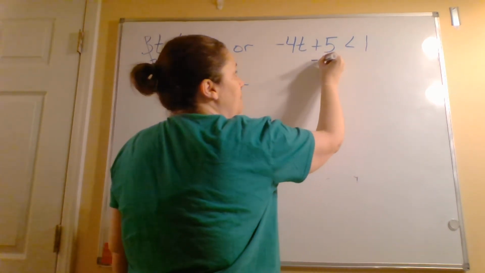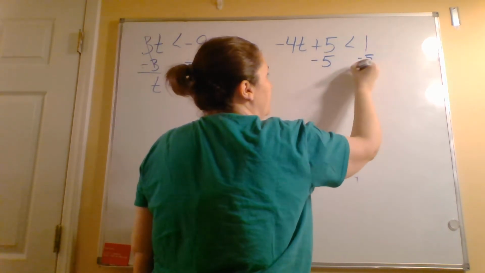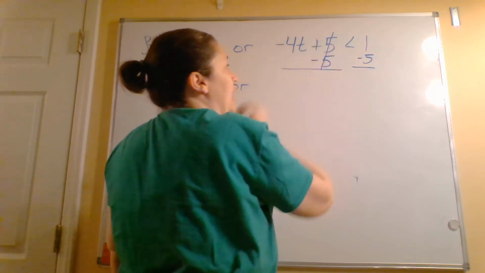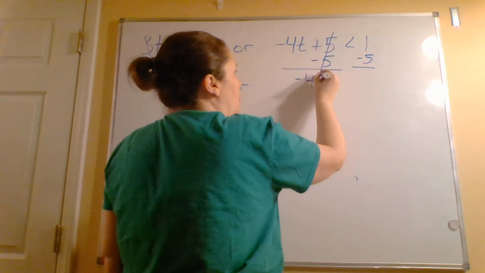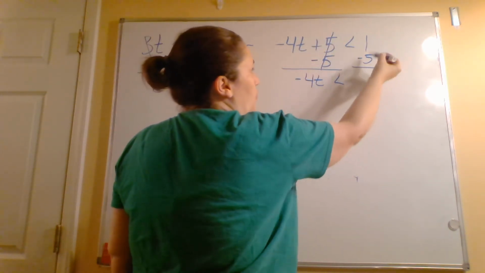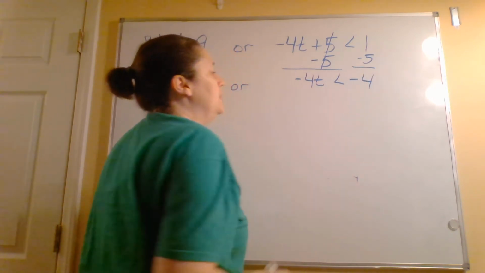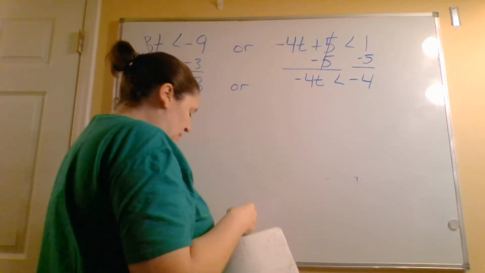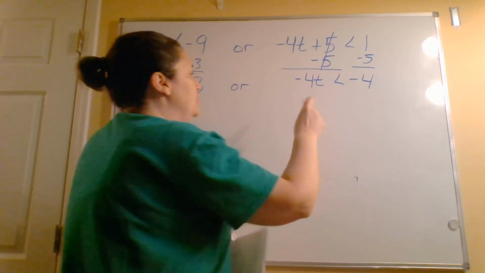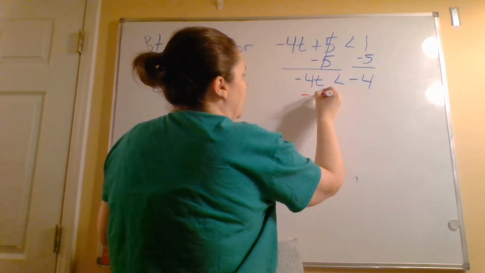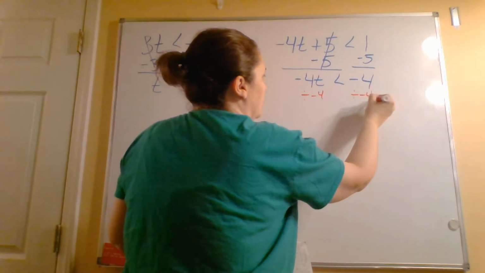They're adding 5, so I need to subtract 5. The 5's cross off. We have -4t is less than 1 minus 5 is -4. Now, t is being multiplied by a -4, so I'm going to divide both sides by a -4.